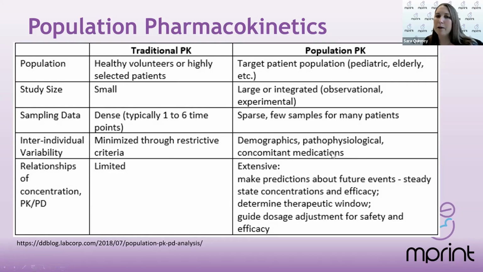There can be a wide variety of inter-individual variability in demographics, pathologic, physiologic conditions, and co-administered medications that can cause drug interactions. And population pharmacokinetics tends to be a little bit more commonly used for predicting future events and evaluating relationships between PK and PD.